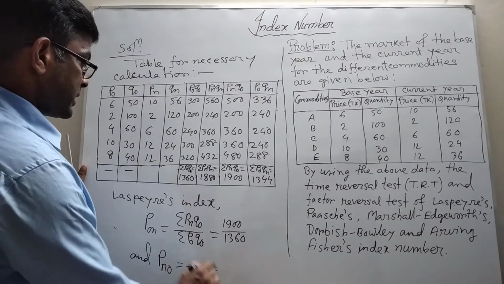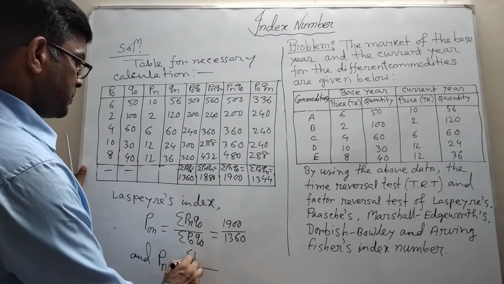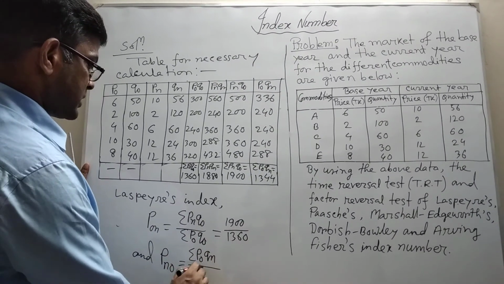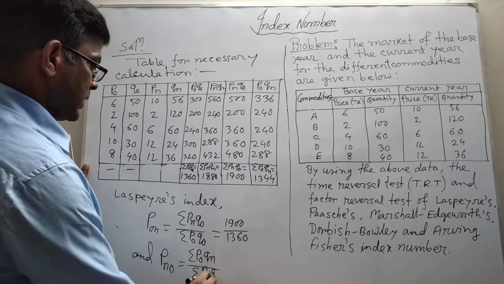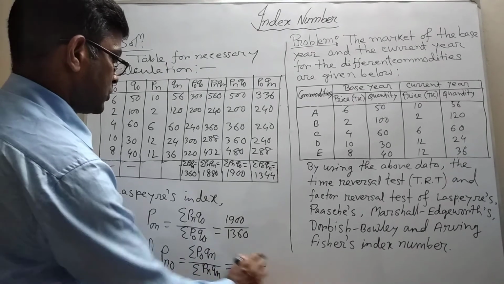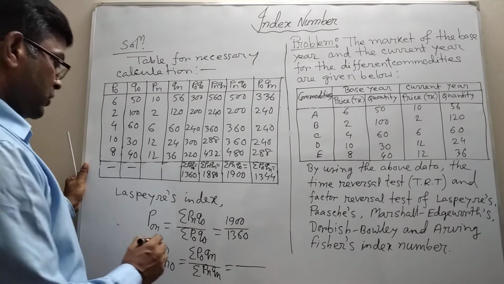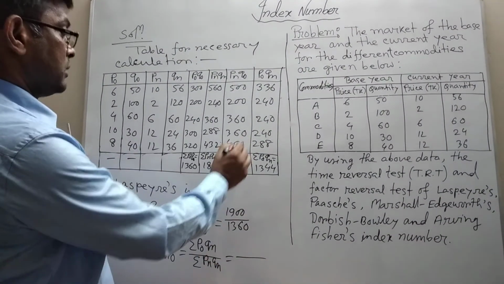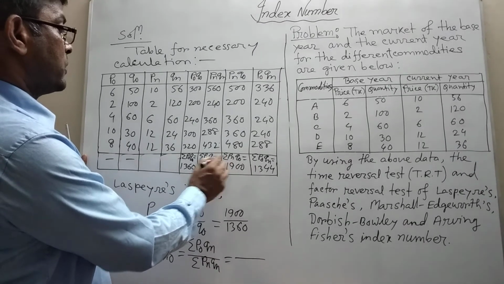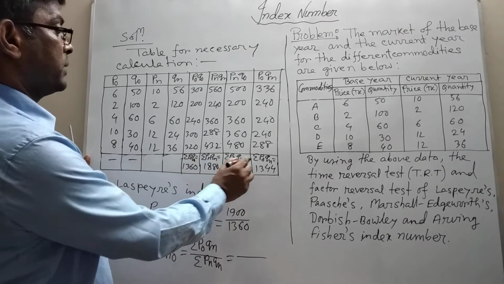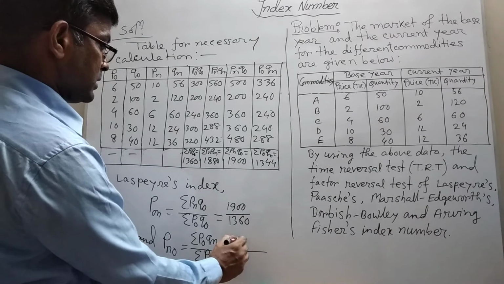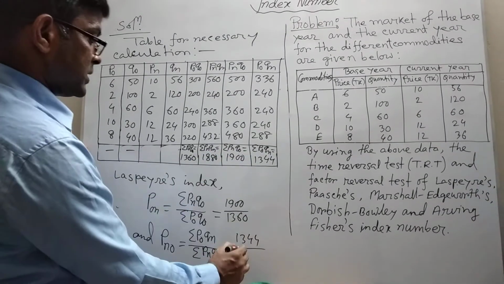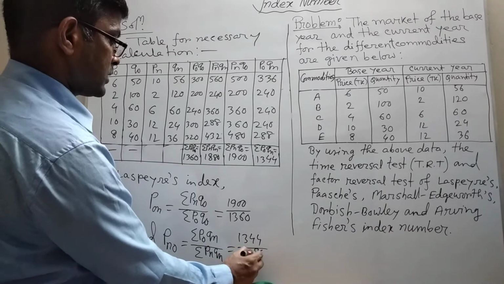That means we can write summation P0Q1 divided by summation P1Q1 equal to, putting the value from the table, P0Q1 that means 1344, and P1Q1 that means 1880.